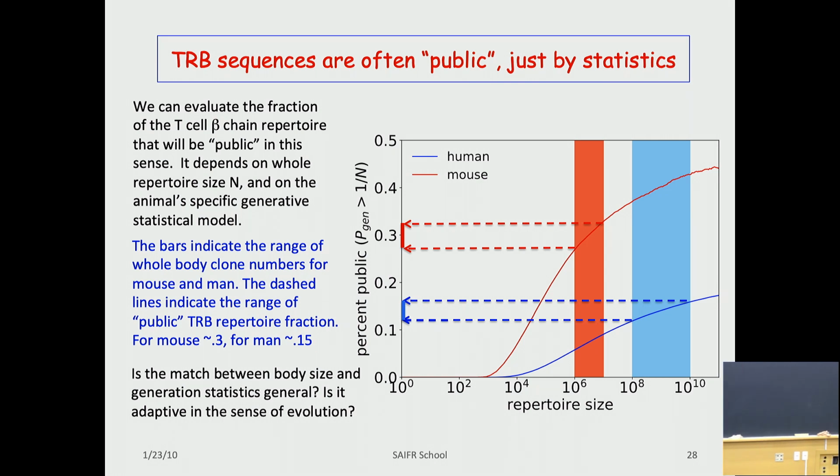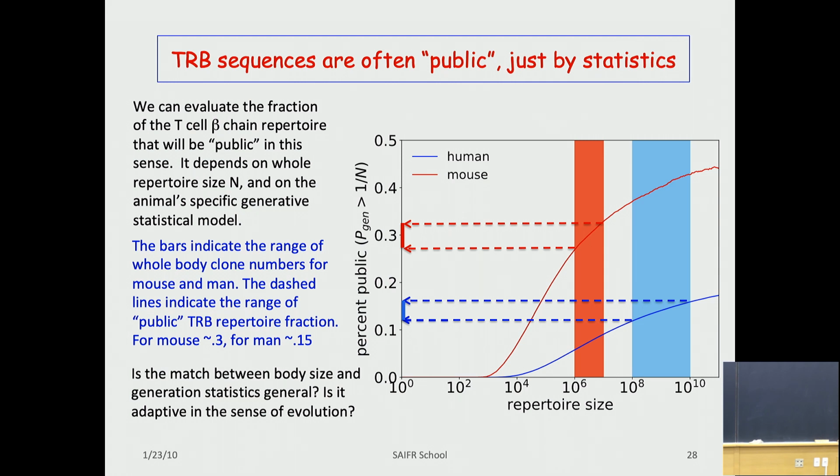Now, the question therefore is, what fraction of the repertoire lies above a given generation probability? We have these histograms of generation probability, and for such a histogram, you can compute what fraction of the repertoire lies above any given generation probability that you choose.